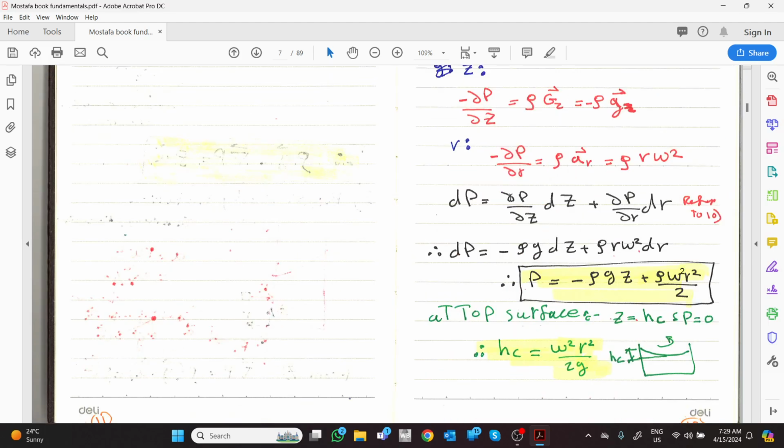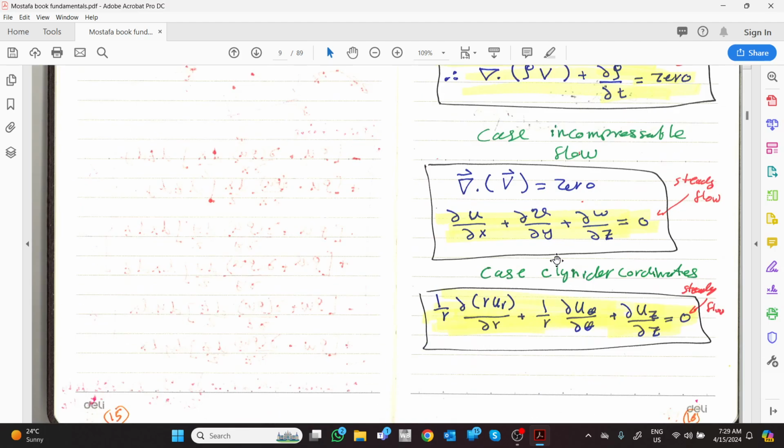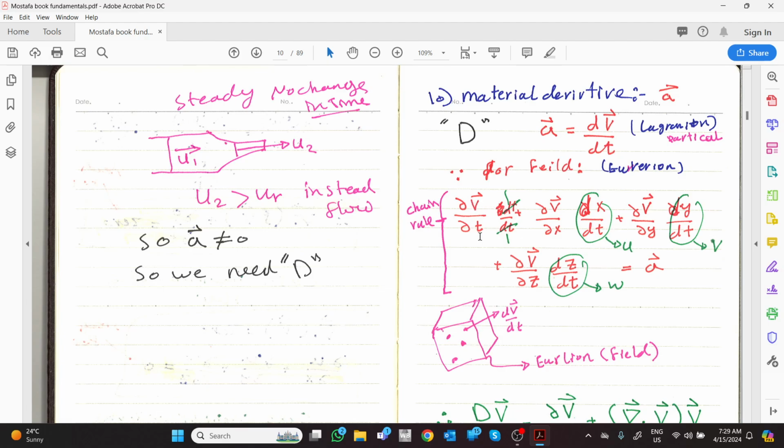So del v by del z multiplied by dz, same. So it is del v by dt multiplied by dt, del v by dx multiplied by dx, del v by dy multiplied by dy, del v by dz multiplied by dz. Till here, the upper term, we know it. Okay?